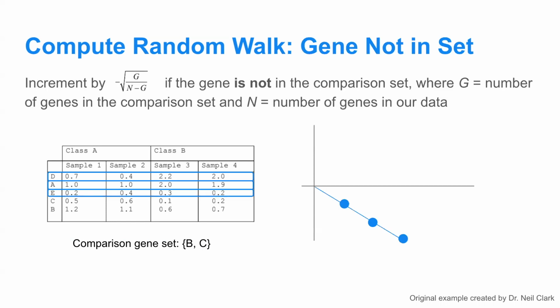If the gene that we're looking at each step is not in our comparison set, then you decrement by this value, which is just the square root of g over n minus g, where g is just the number of genes in your comparison set, and n is the number of genes in your data. And you can see because these first 3 genes, as we're walking down the list, D, A, and E are not in the comparison set, we're going to decrement steadily each time.